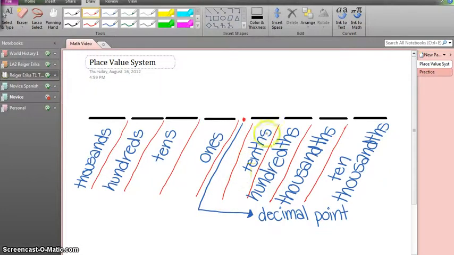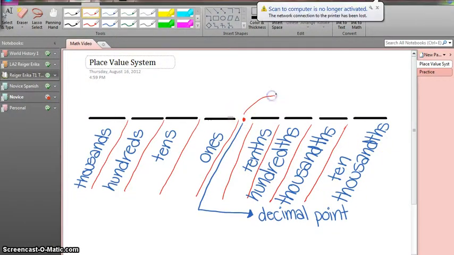So it's tenths. So we skip the ones and we do tenths, hundredths, thousandths, 10,000ths. And it's all to the right of the decimal point. So over here is all the THs, like you add TH to the end.